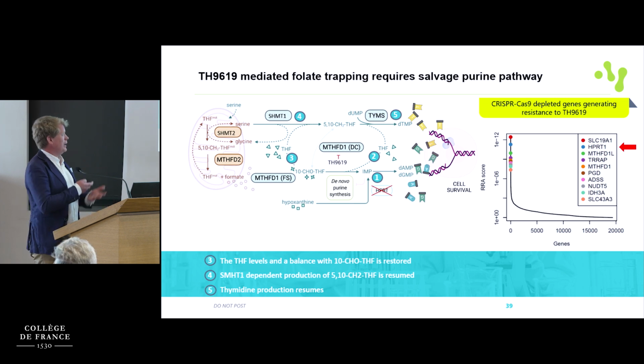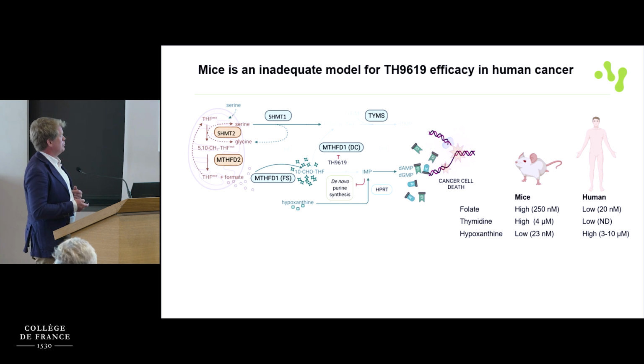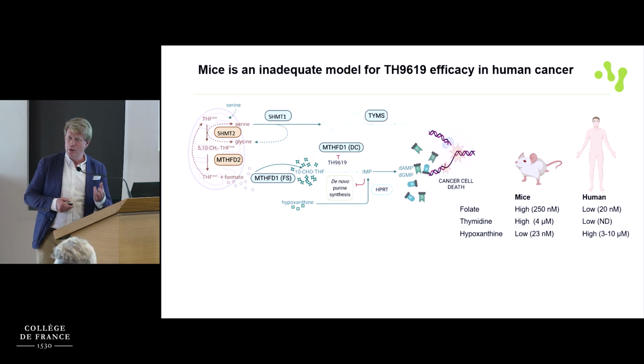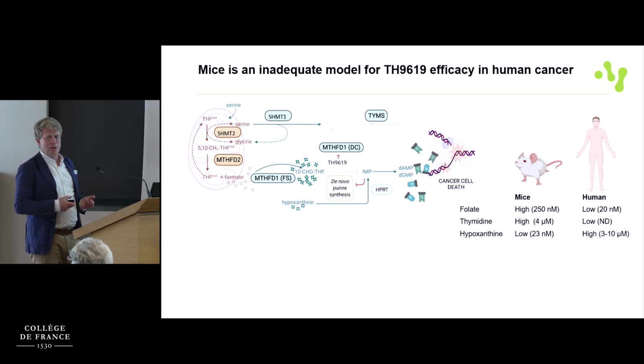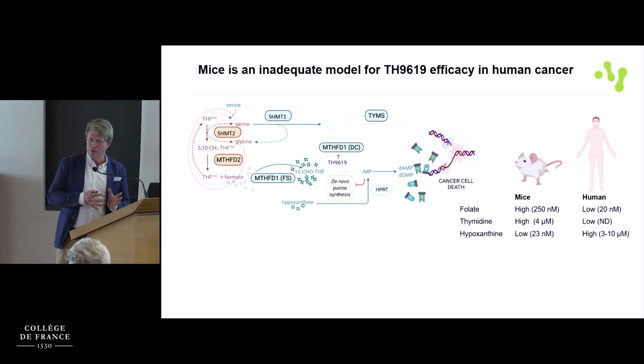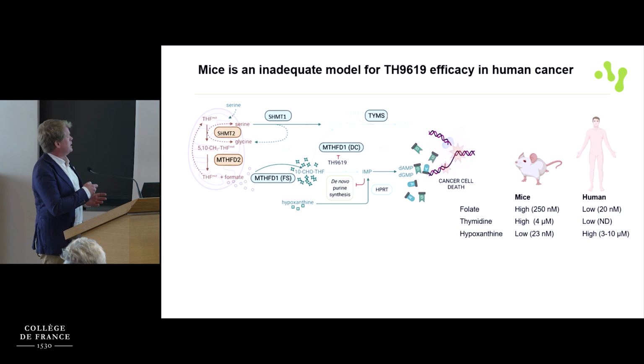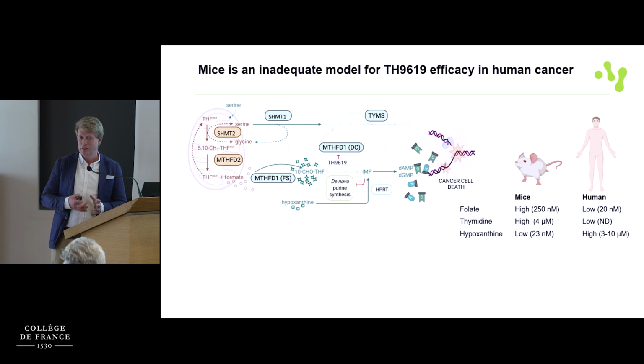So everything kind of adds up, and that makes you very happy that now all of a sudden it works. So how our compounds work is that they generate this folate trap, which is actually dependent on MTHFR2 activity. So when we do the CRISPR knockout and get rid of MTHFR2, you don't get formate release and you never generate the folate trap.